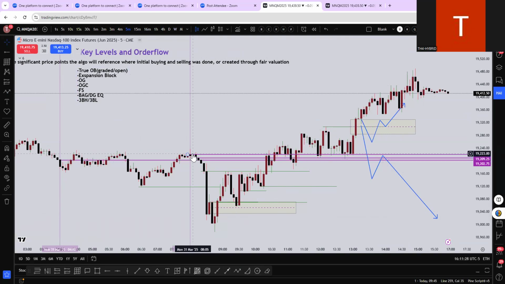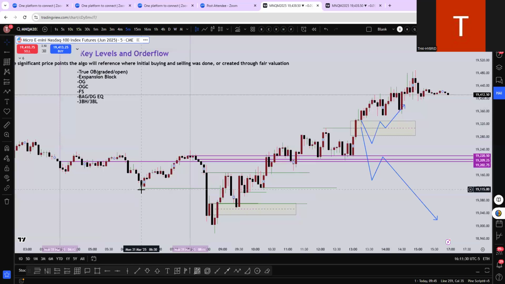Expansion block, last up close candle before a swing that closes below structure, which is your 3 candle swing low. This price should show bearishness, but we've already confirmed bullishness here. So this expansion is being rejected by these key levels, but it's into bullish order flow.